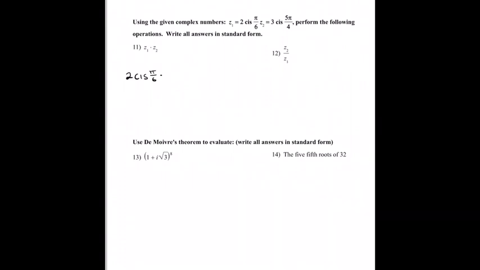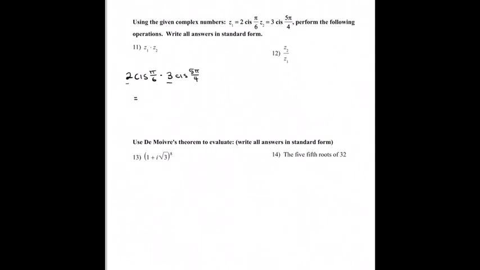So multiplying two complex numbers together when they're in trig form is pretty easy. You multiply the numbers in front, and you add the angles.